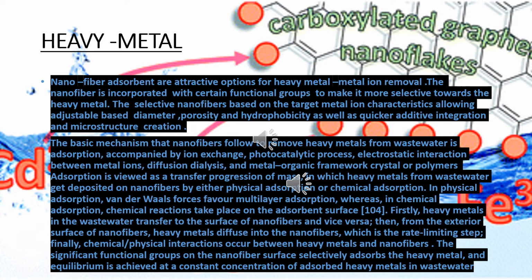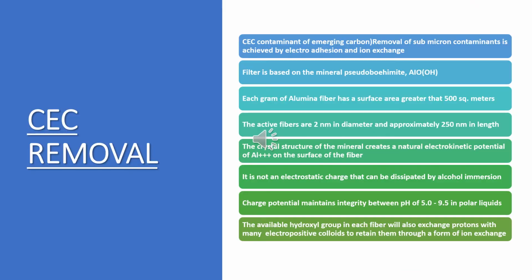Finally, chemical or physical interaction occurs between heavy metals and nanofibers. The significant functional groups of the nanofiber surface selectively adsorb the heavy metal, and equilibrium is achieved at a constant concentration of adsorbed heavy metal in wastewater.